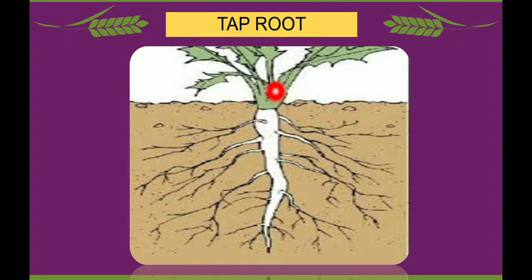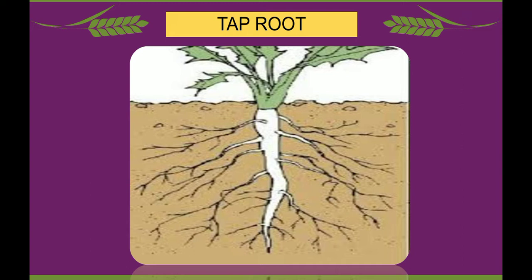If you see here, from the shoot, there is only one main root. Tap roots have one main root in the center and it grows from the base of the stem. This tap root is the main root, and to this main root many tiny roots will grow.